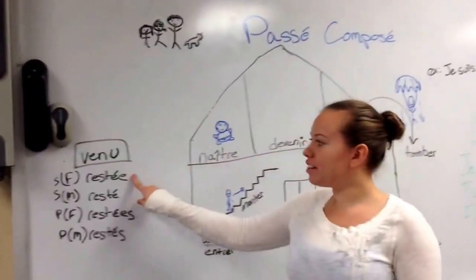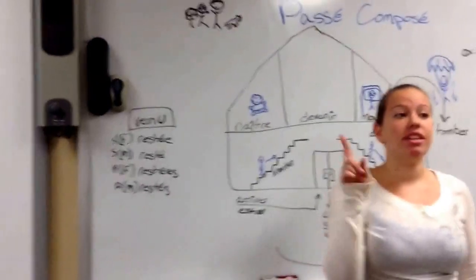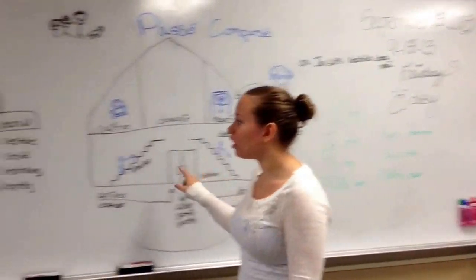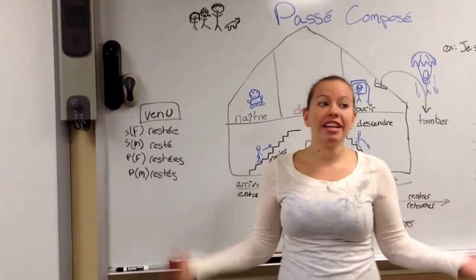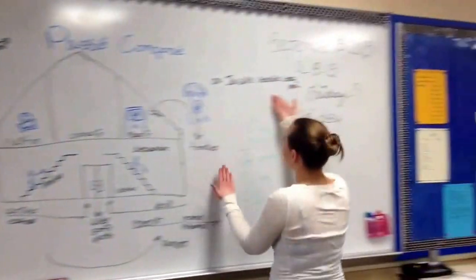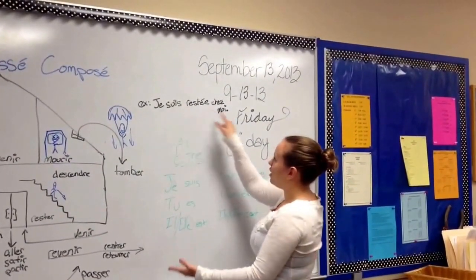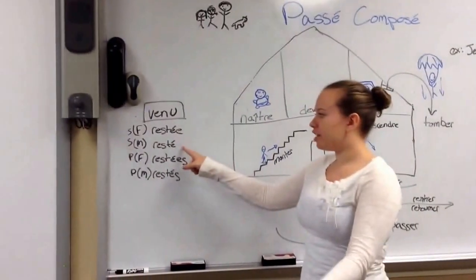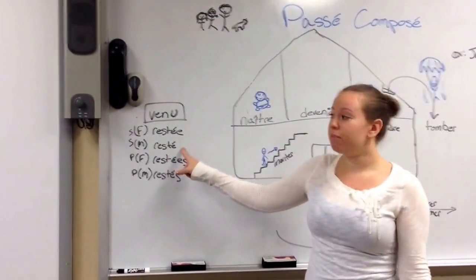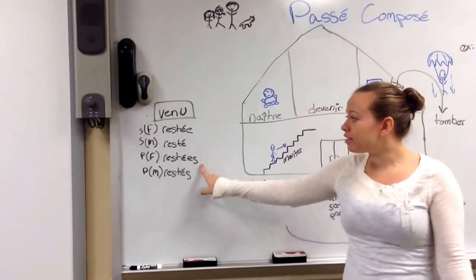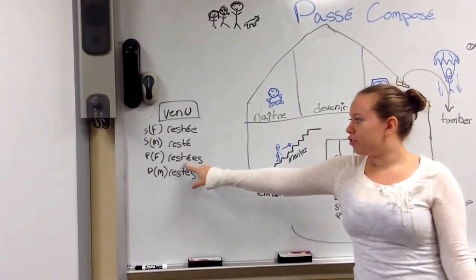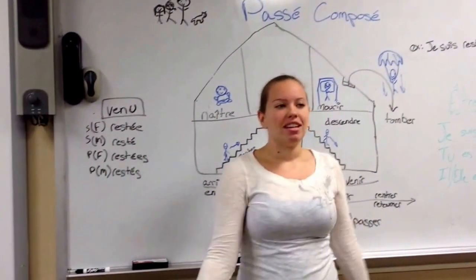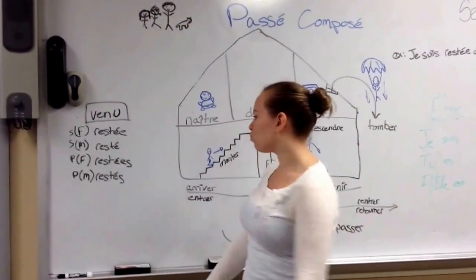For singular female, you have the E with the accent aigu, because rester is an ER verb. But because it's female, you have to add an extra E. Like over here in my example, it's je suis restée chez moi, because I'm the one who wrote it. For males, it's just the E with the accent aigu. For plural females, you have to have the two E's and an S. For males, it's just the E with the accent aigu and an S.